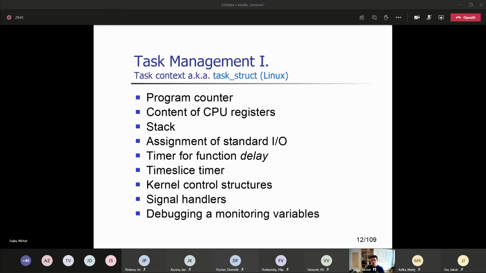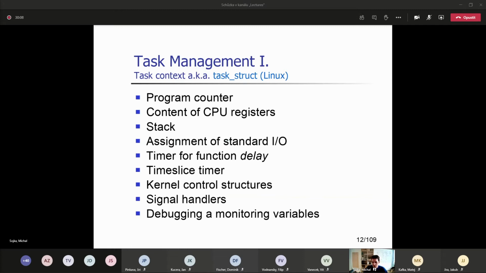When the task is not running, the CPU registers have to be stored somewhere so that the execution can continue from the same state. Because the content of the CPU registers is basically the most important state that the task has on the CPU. And if you can save and restore the CPU registers, you can switch between tasks. So this is the basis of multitasking.